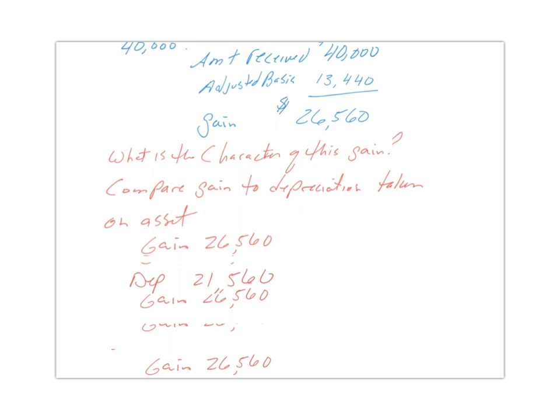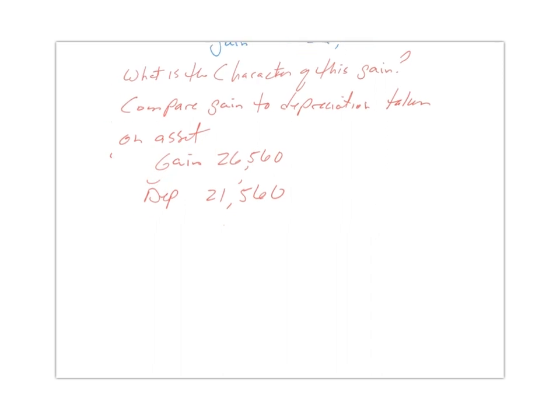All right, and we can see that our gain is larger than that depreciation. So now what do we have to do? Now we have to recapture the depreciation taken.